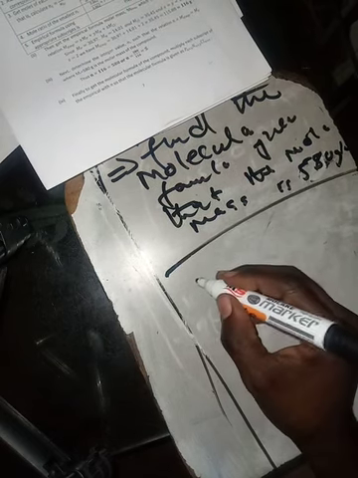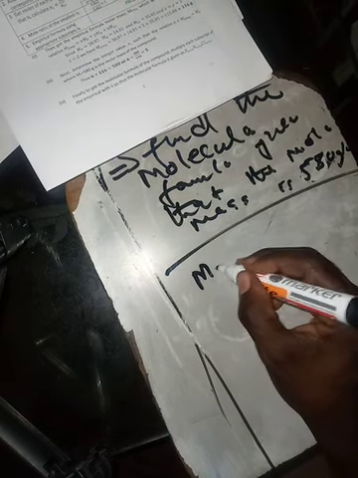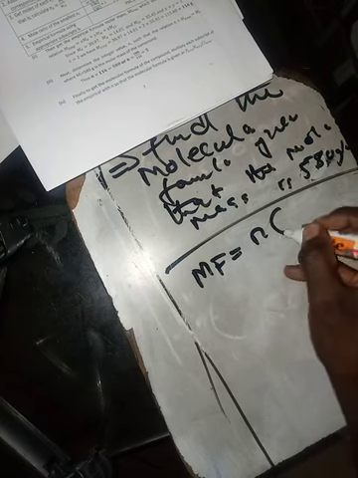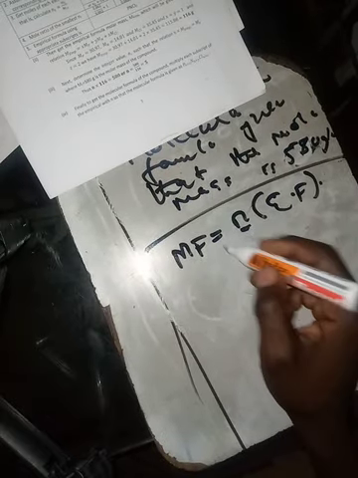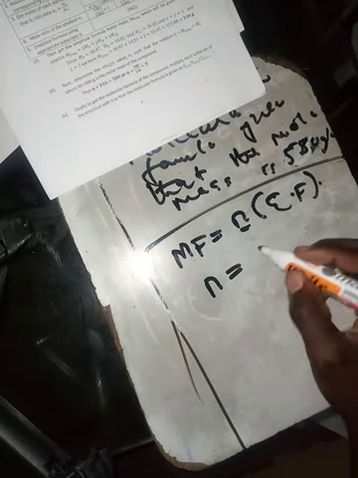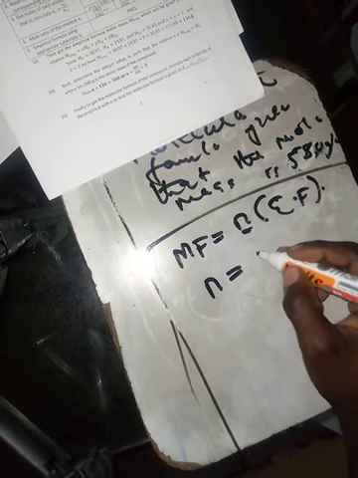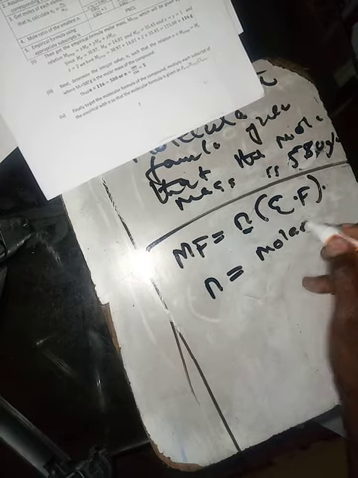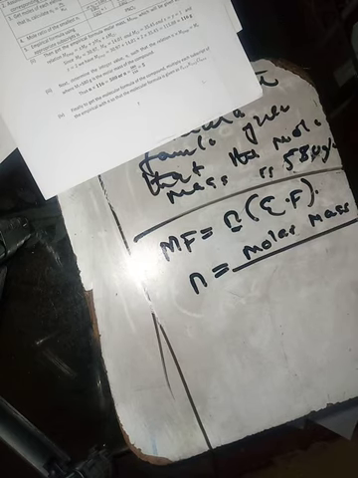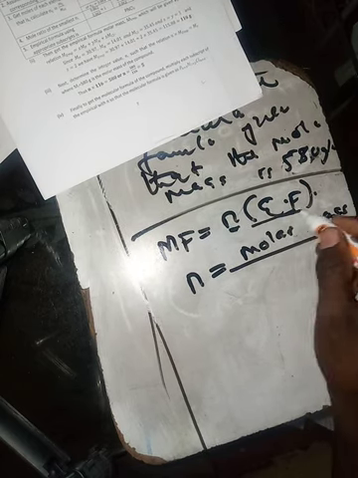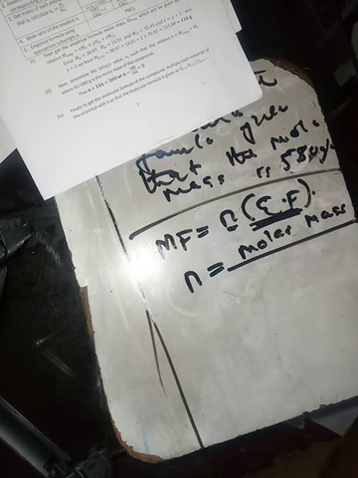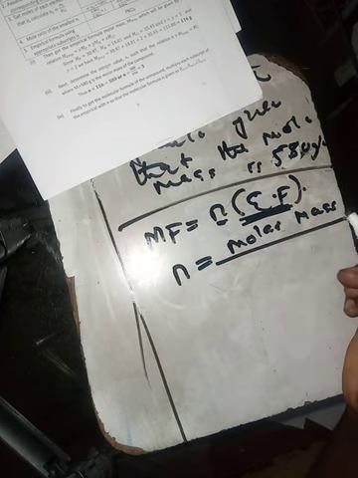Just like I told you, the molecular formula is given by N, in brackets, multiplied by the empirical formula. So how do you find this? This N will be found by the molar mass that we've been given, divided by the empirical formula mass.